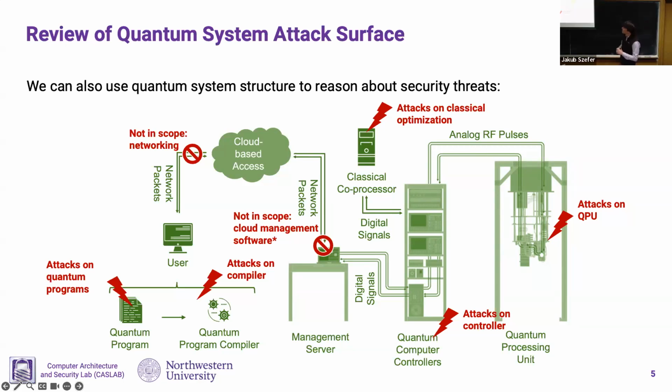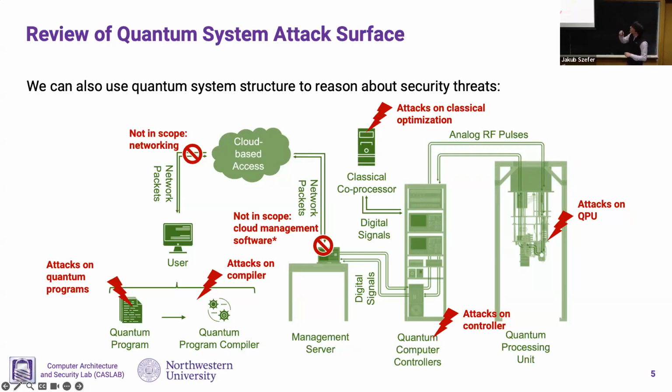Or maybe you can exploit the API to learn something about the quantum computer. So I would say that the cloud management and the networking is mostly not interesting because it's very classical focused, unless you're trying to reverse engineer something about the operation of the cloud-based quantum computer. But let's keep this picture in mind.